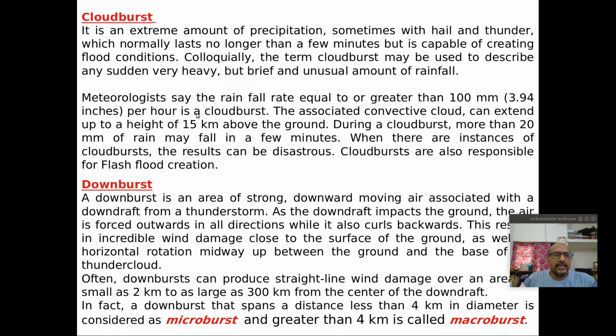Another two main hazards associated with thunderstorms are cloudburst and downburst. Cloudburst is nothing but heavy precipitation during a short period of time. Roughly, if you look at the IMD manuals, 10 centimeter rainfall happening in 1 hour is classified as a cloudburst.